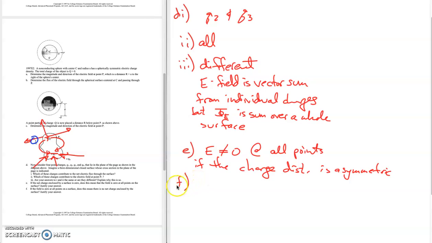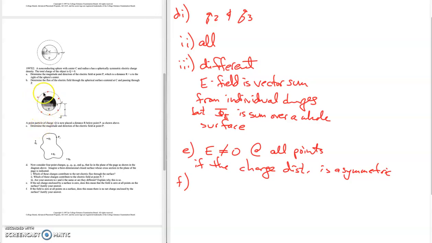Part F. If the field is 0 at all points, does that mean that there is no net charge? Okay, let's back up and go back to our picture from right above part C. The field is 0 at all points, so we've got 0, 0, 0, 0, 0 all over the place.